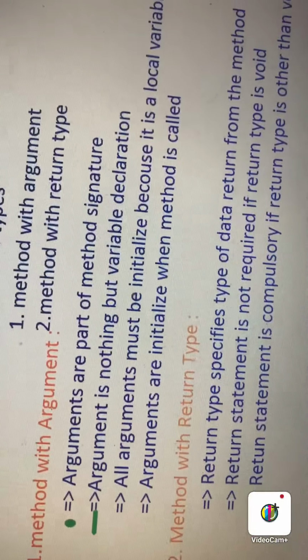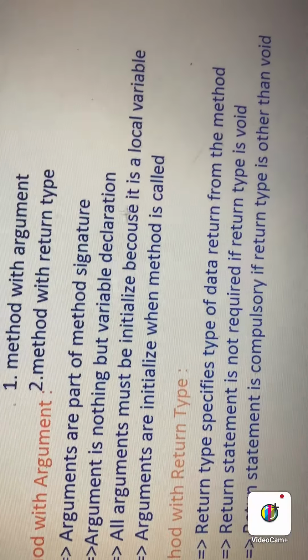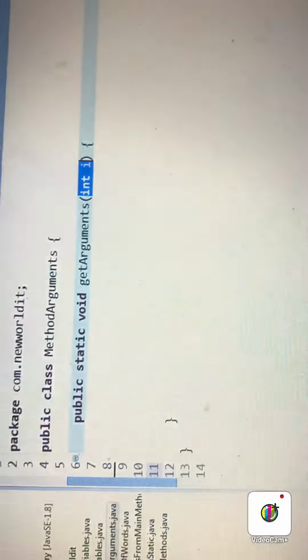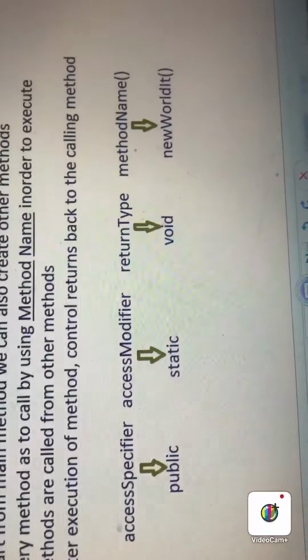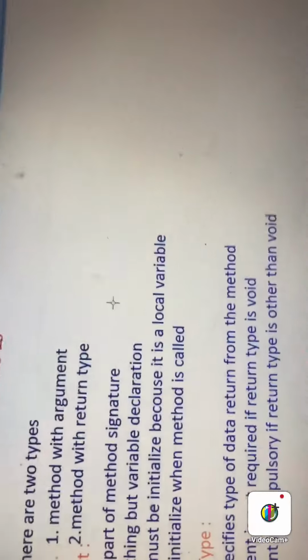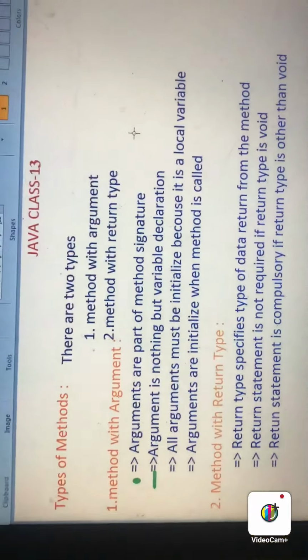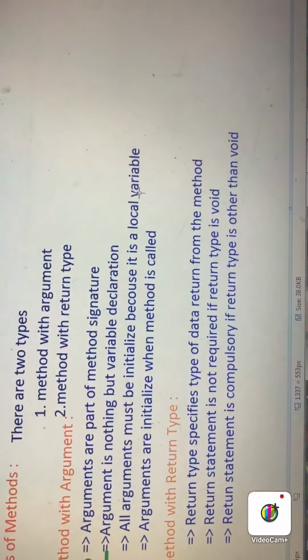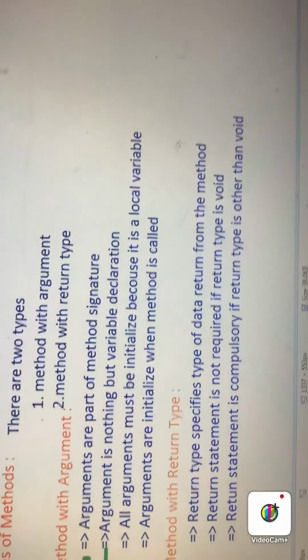Coming to the third point: all arguments must be initialized because it is a local variable. As we know, in methods we have discussed local variable and global variable. So all arguments must be initialized. It is a local variable.